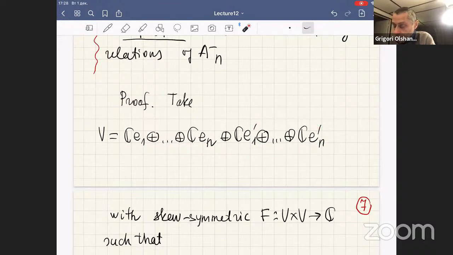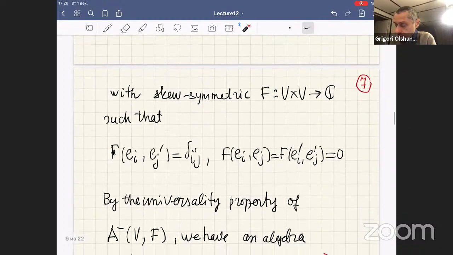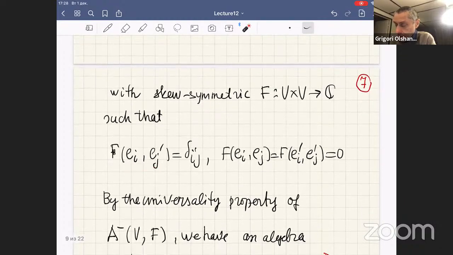So this is a space of dimension 2n, and introduce a skew-symmetric form, in fact, a symplectic form on this space, by this condition that the value of the form on one vector from one collection and the other vector from the second collection is the Kronecker delta.